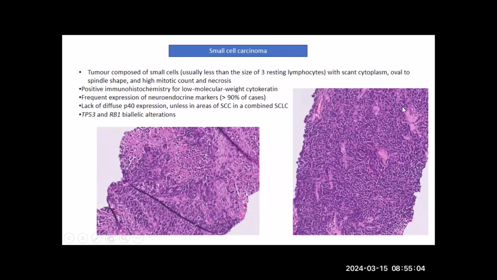These stain weakly for the low molecular weight cytokeratins and show positivity for neuroendocrine markers, and are characterized by TP53 and RB1 biallelic alterations. And if there is a non-small cell carcinoma in combination with a small cell carcinoma, that is called a combined small cell carcinoma.